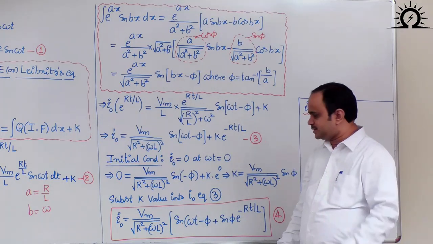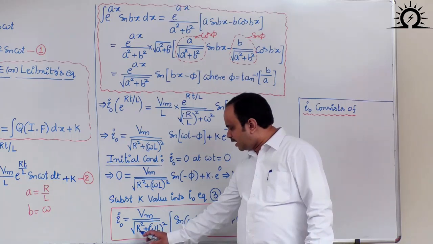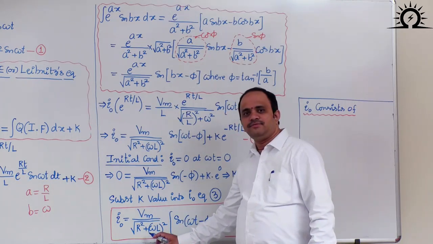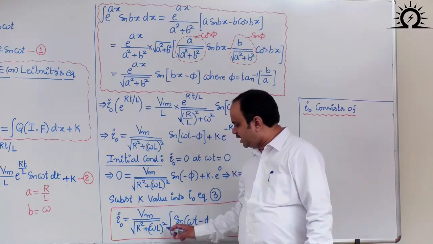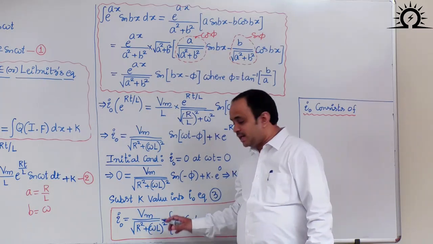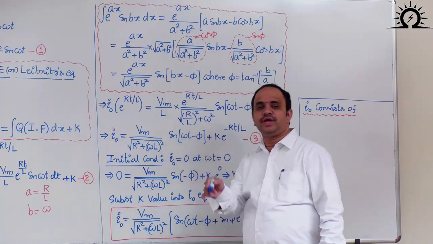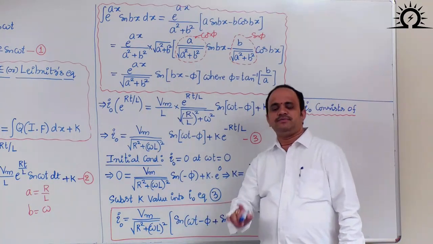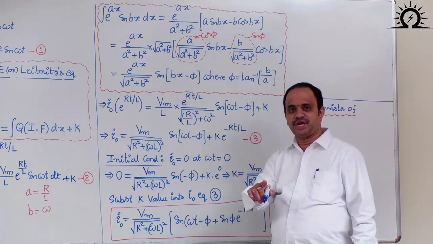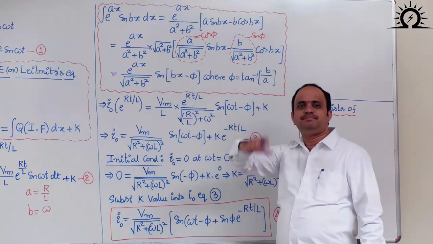The point here is Vm, R, L and omega are fixed values, numbers. Therefore if I substitute the given data, I will get one number here. The number will not influence the waveform shape. Please remember, the number will not influence the waveform shape. It may influence the peak values.